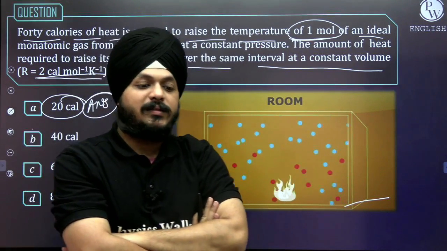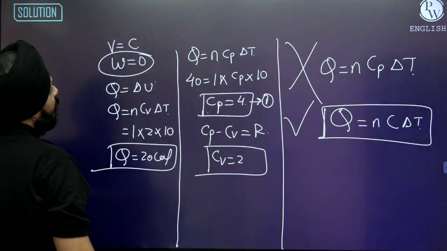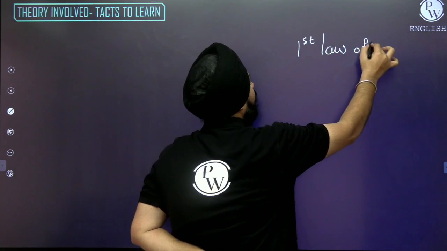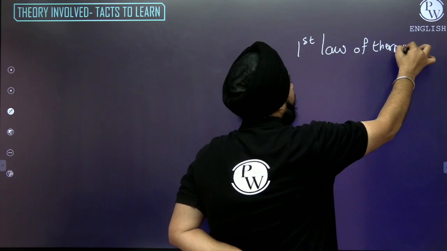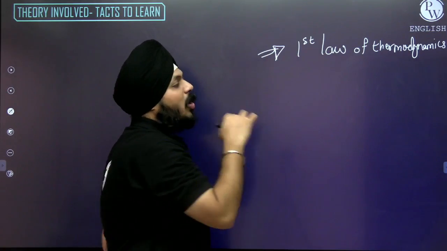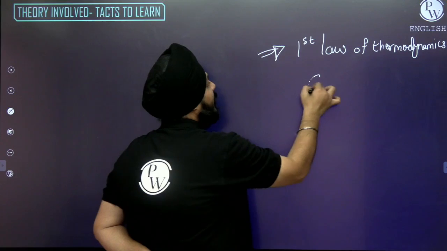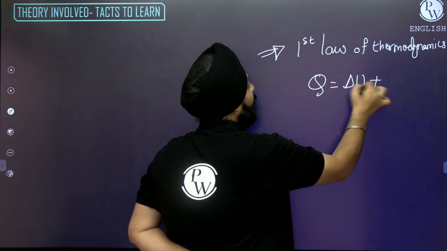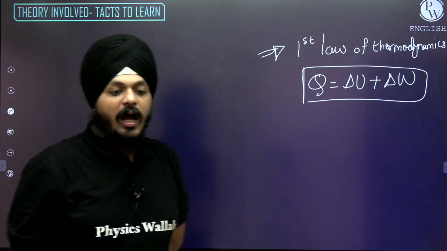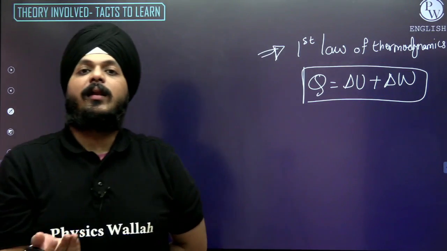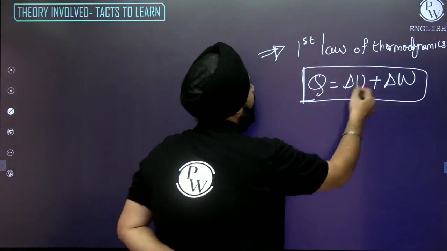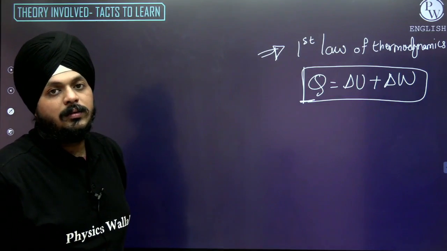What did we get from this? The first law of thermodynamics. What it states: whatever heat Q is supplied, some part of the heat will change the internal configuration of the system in the form of delta U, and the rest will do the work.